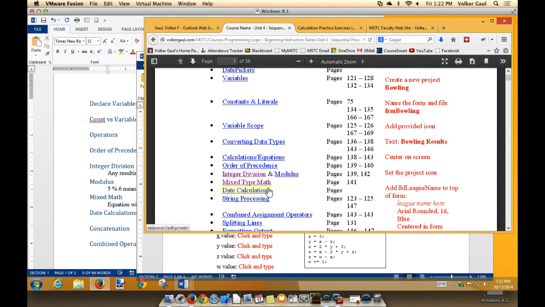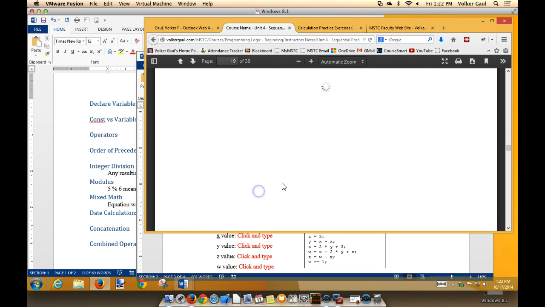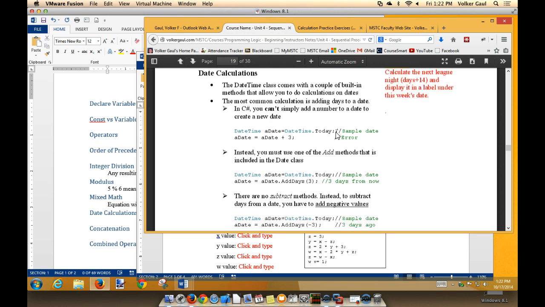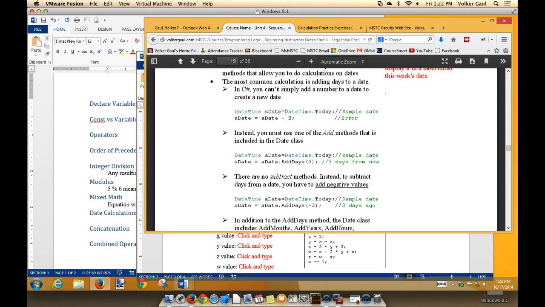So that's really just calculations, but how do I set it to today's date? Here's DateTime.Today. I just jump down to date calculations. So that gives me the first part of this. How do I set due date to today?